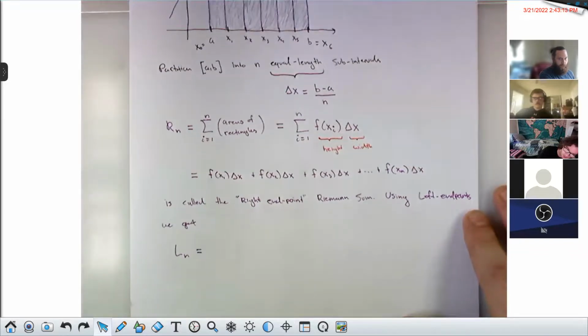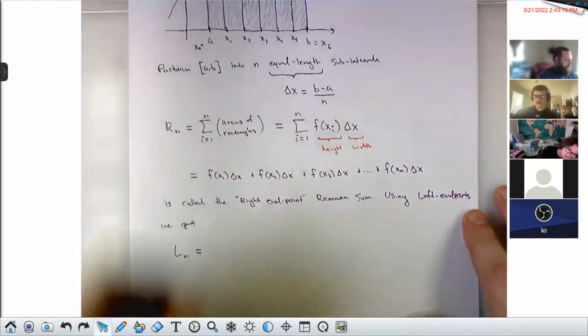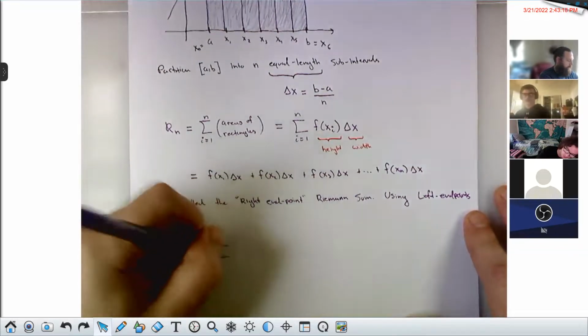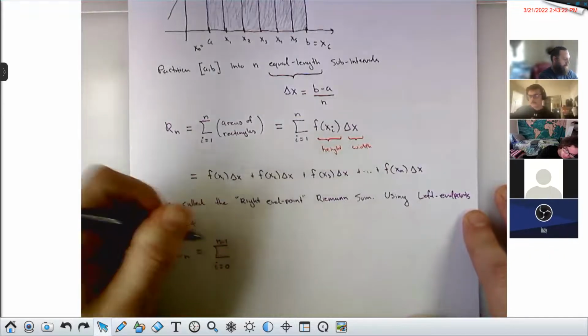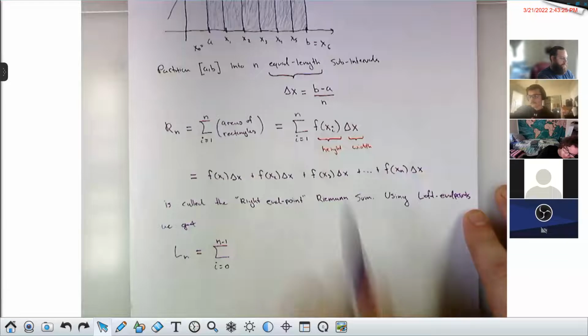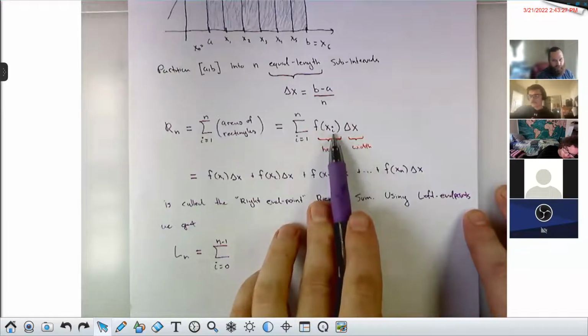And the easiest way to switch from right to left, this is not the same notation that every textbook uses, but just have the sum run from 0 to n-1 instead. Other places, they switch this i for an i-1. It's the same thing.